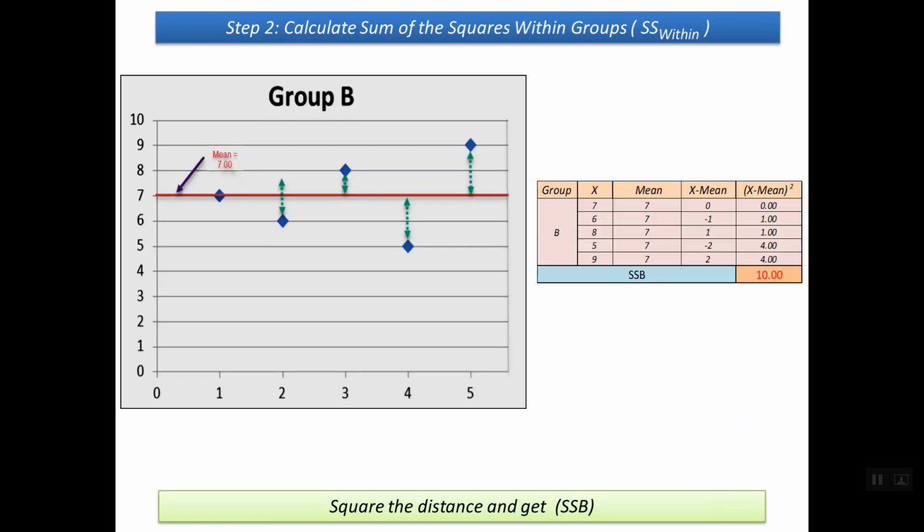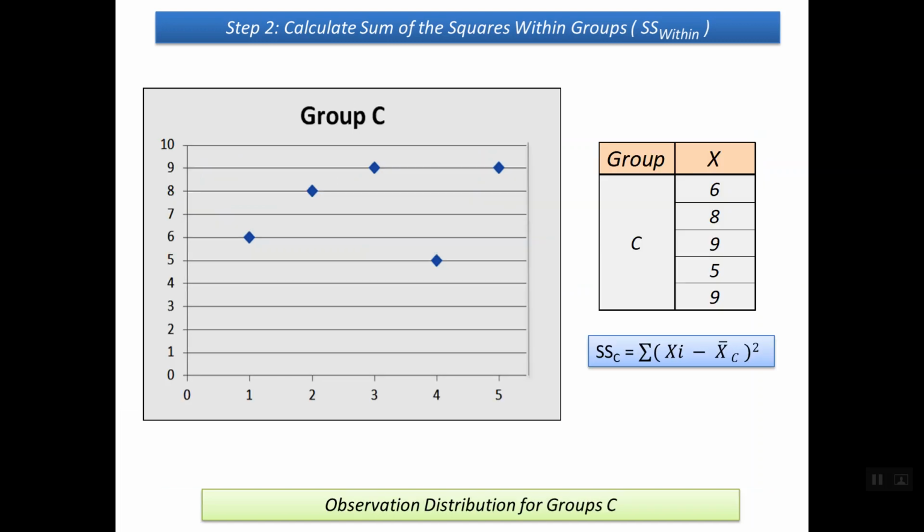So we need to take the square of all of these deviations. So we add a new column here, and taking the sum of all of these values, we have the SS for group B, which is 10. So this is how to get the sum of square for group B.